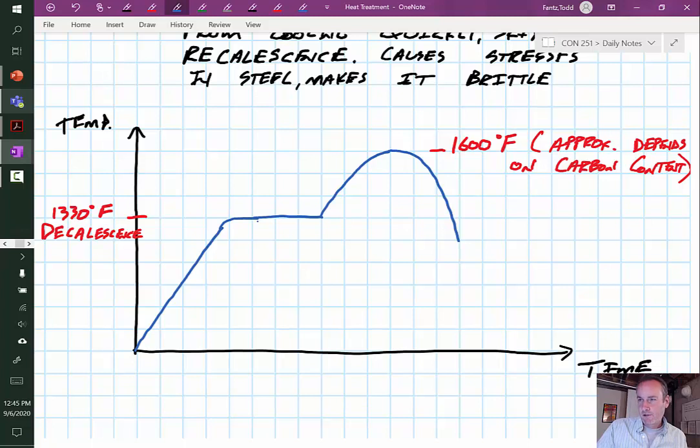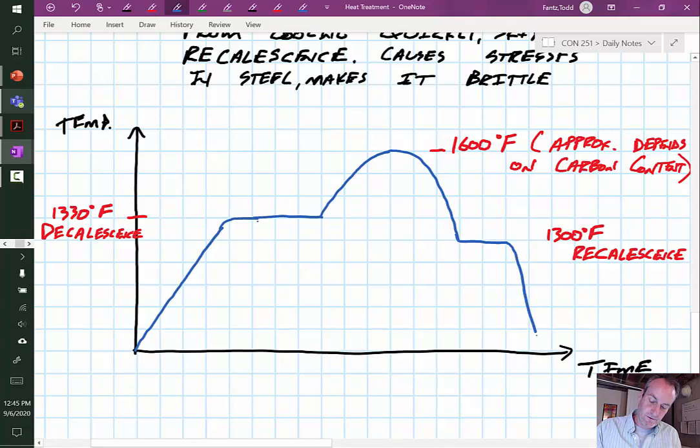After we get to this critical point, 1600 degrees Fahrenheit, we remove our heat and our metal starts to cool back down. This will happen until we get to about 1300 degrees Fahrenheit, slightly less than our decalescence point, and that will be our recolescence point. After that phase is complete, it cools back down to where we started from.